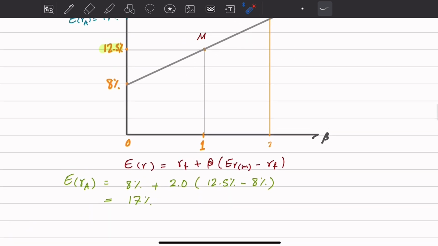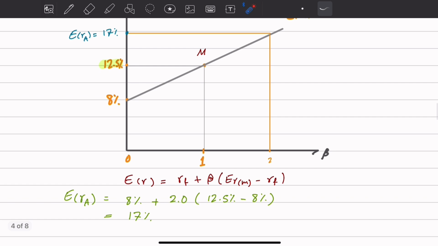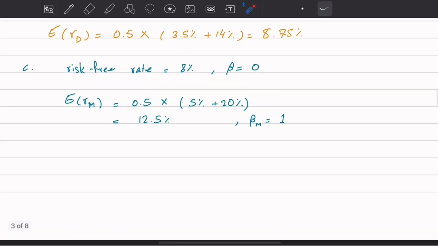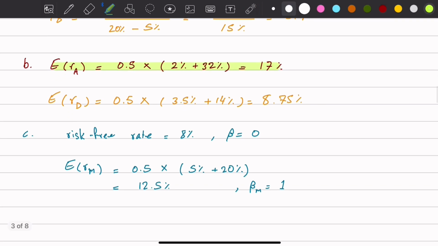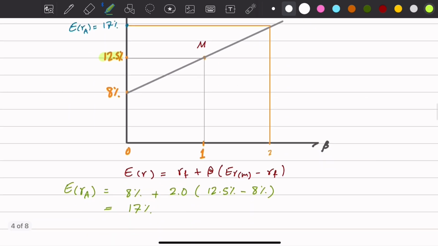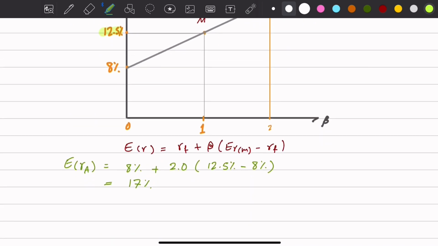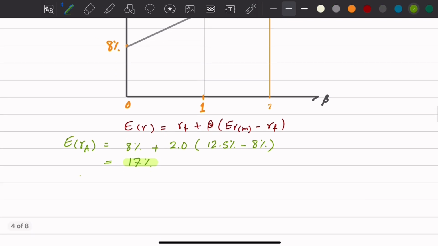Okay, so the actual expected return here is 17%, as we calculated in this part. Let me highlight it for you. Okay, and the expected rate of return using CAPM is also 17%. Okay, so that means alpha for the aggressive stock is going to equal, let me first write the formula for you so you remember.